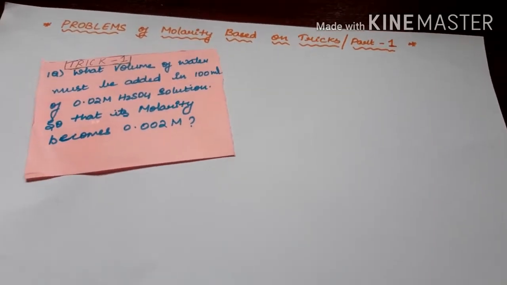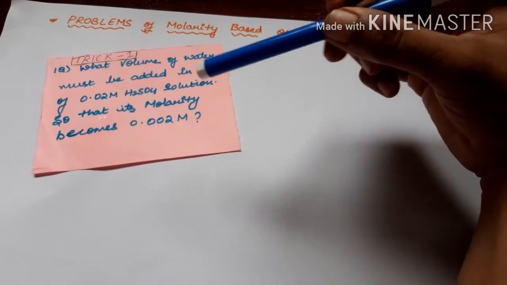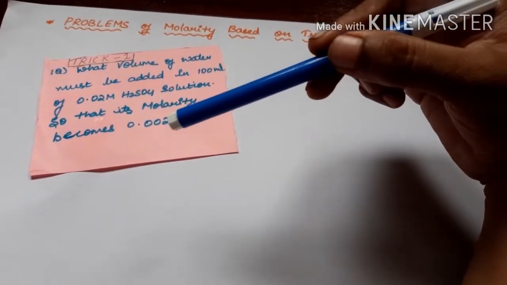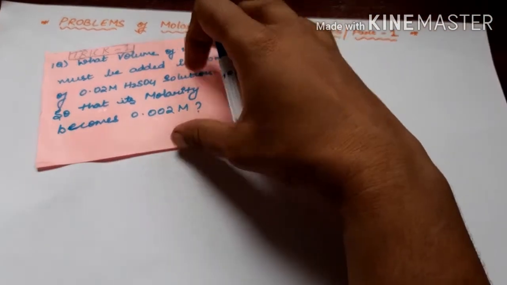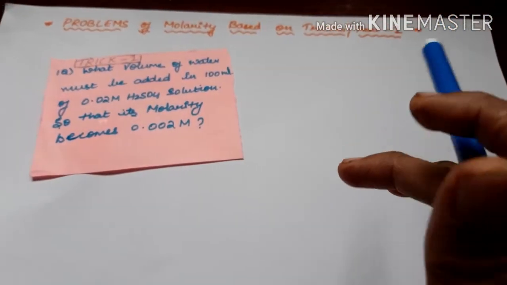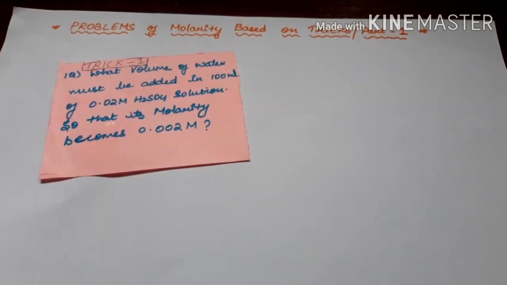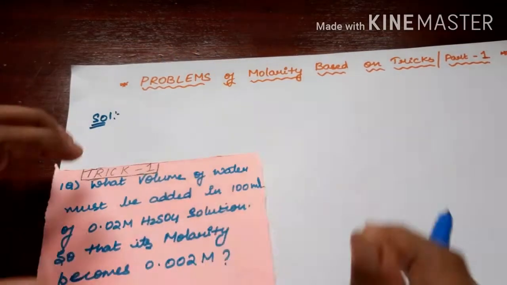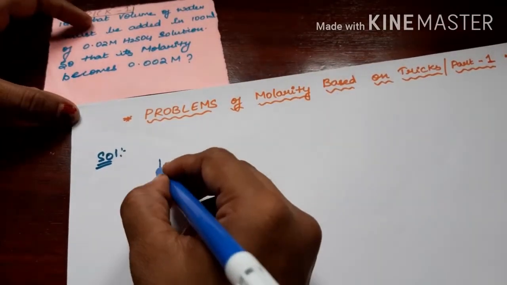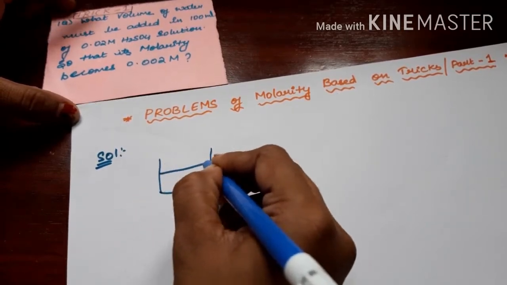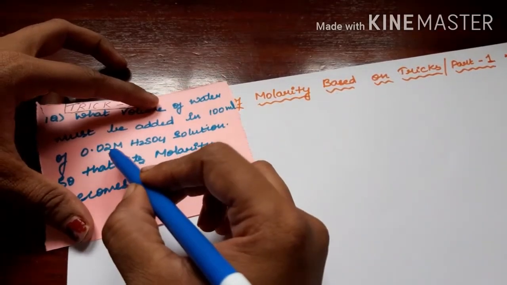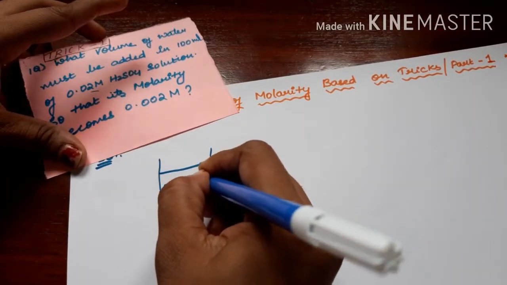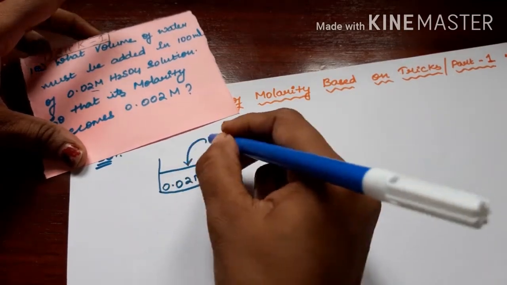First of all, based on trick 1, observe the first problem. What volume of water must be added to 100 ml of 0.02 molar H2SO4 solution so that its molarity becomes 0.002 molar? For example, if you take one beaker, first of all 0.02 molar H2SO4 solution is present in this 100 ml.